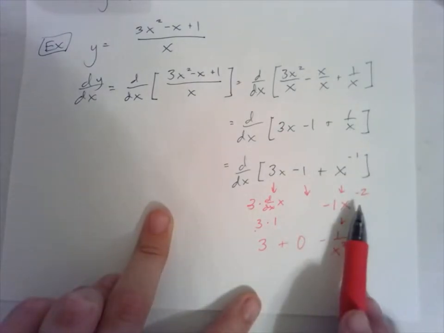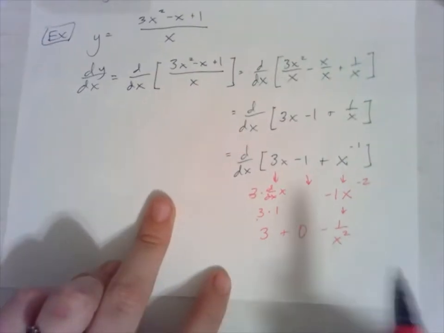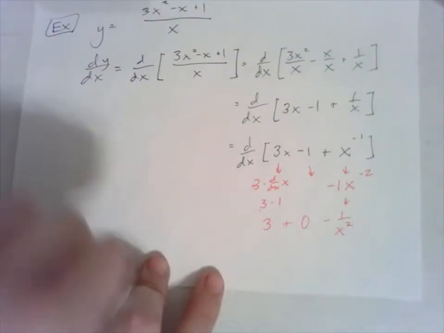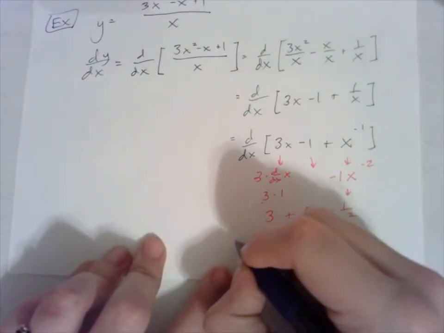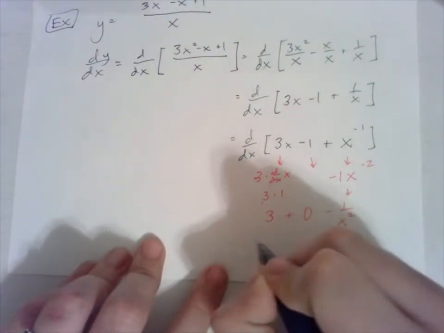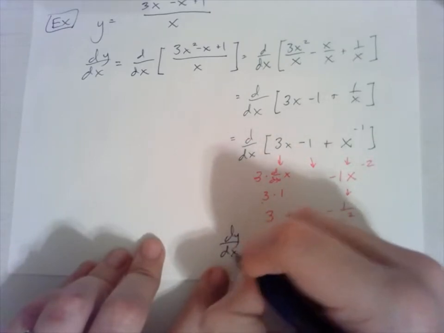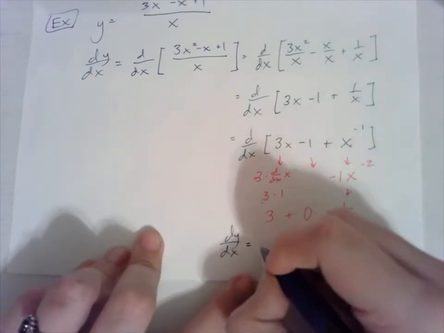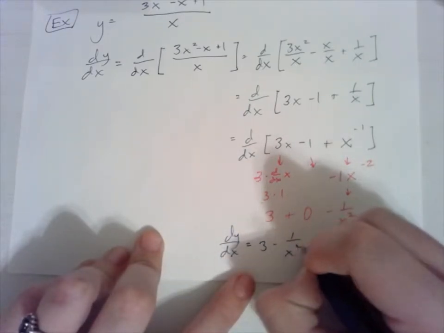Remember, if you have the negative exponent, you must put it to the bottom of the fraction. And we rewrite all of this, and we can safely say that dy dx equals 3 minus 1 over x squared.